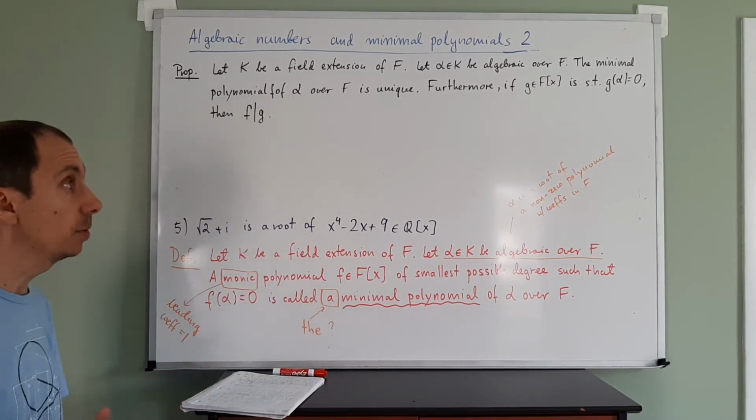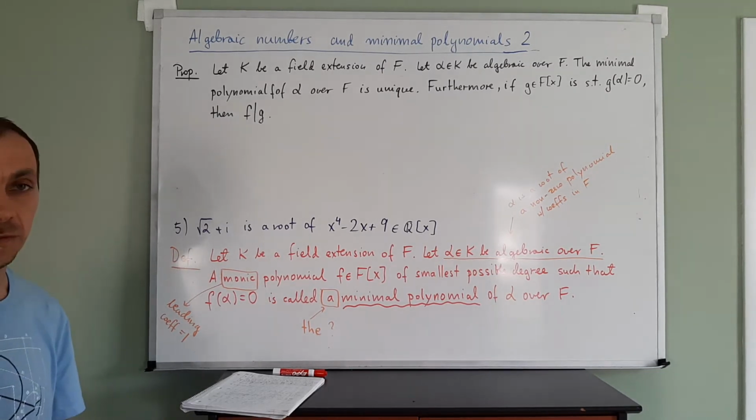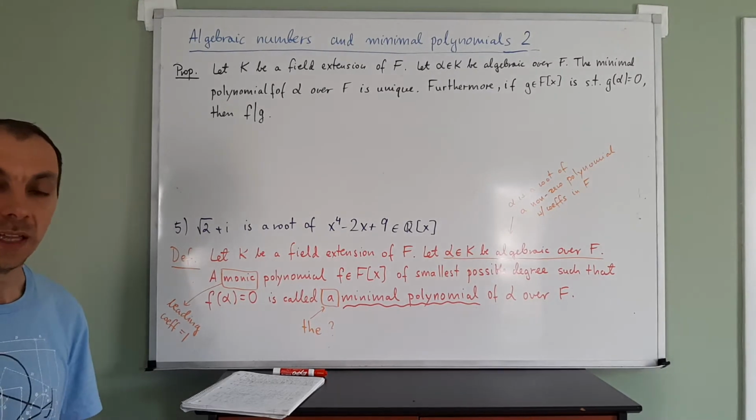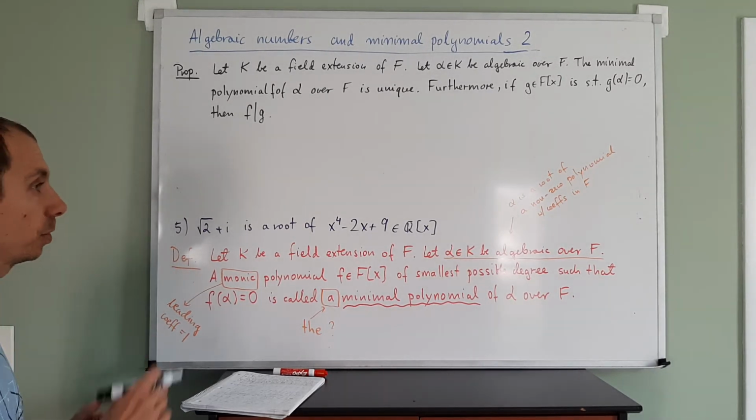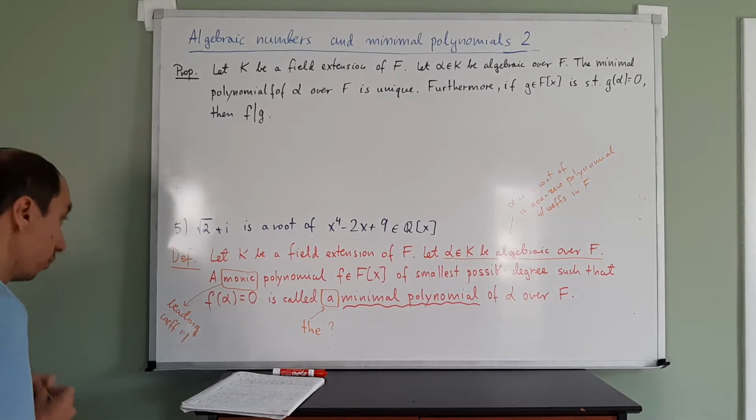So the second part tells me that if I find another polynomial which has alpha as a root, then this polynomial is divisible by the minimal polynomial. And this division holds in the ring of polynomials with coefficients in F. All right, let's prove this now.